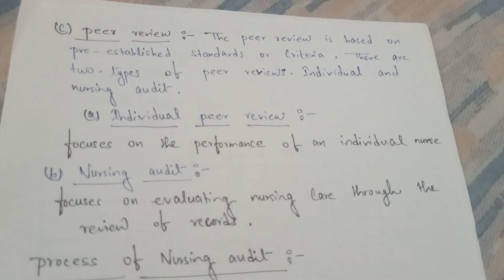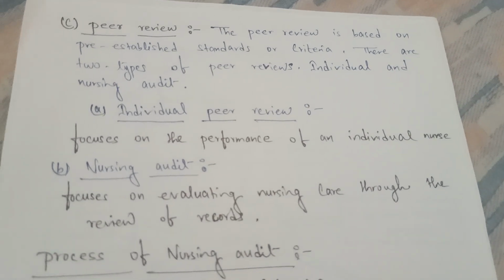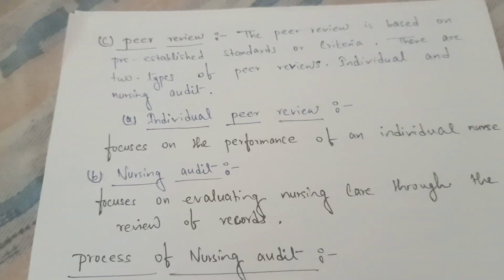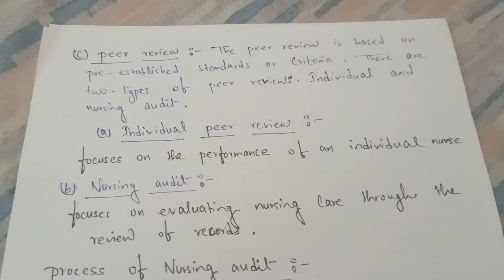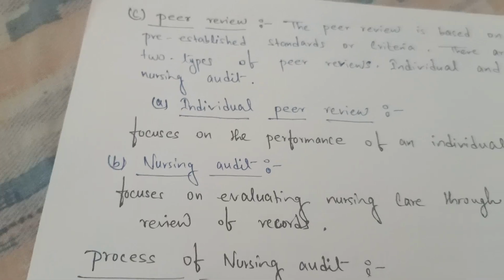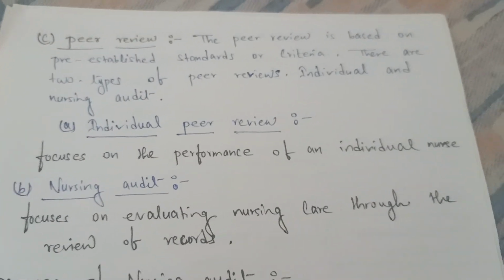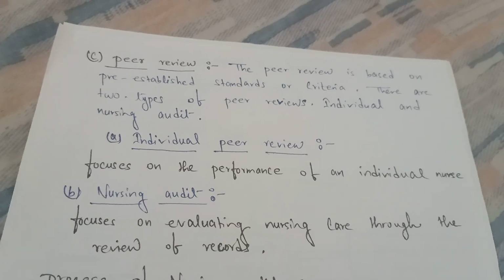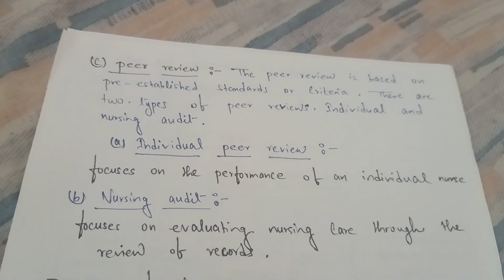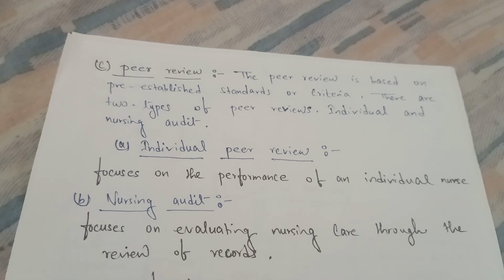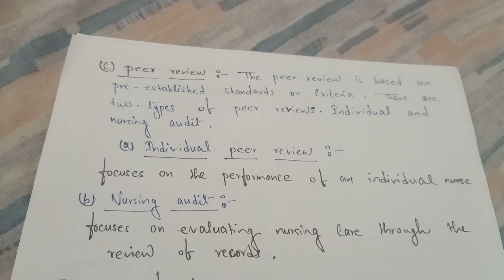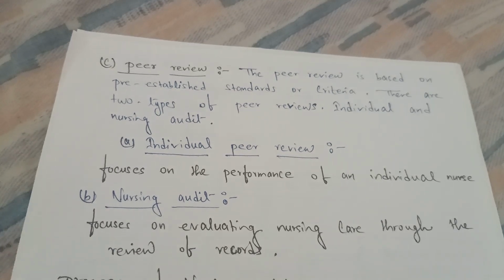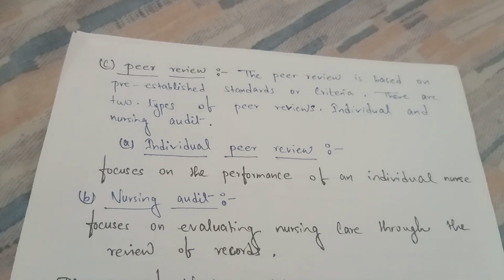The first one is individual peer review. Individual peer review focuses on the performance of the individual nurse. In nurse peer review, nurses functioning in the same capacity, that is, peers, appraise the quality of care or practice performed by other equally qualified nurses.